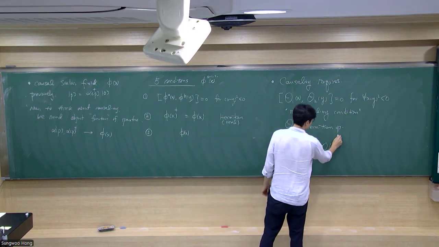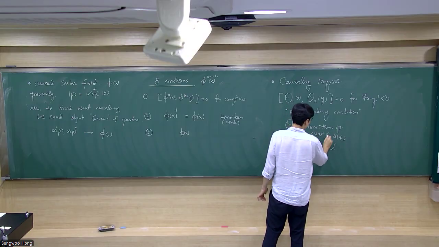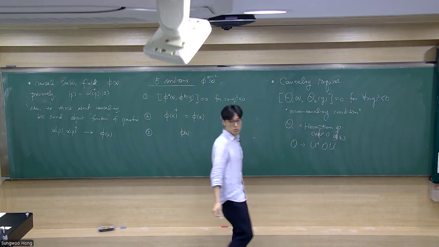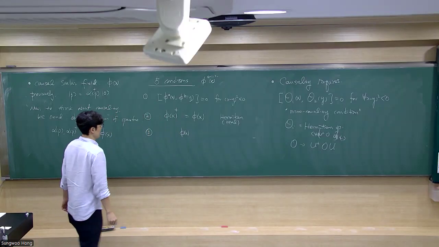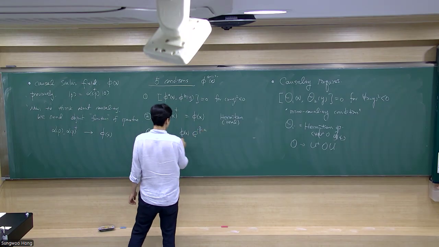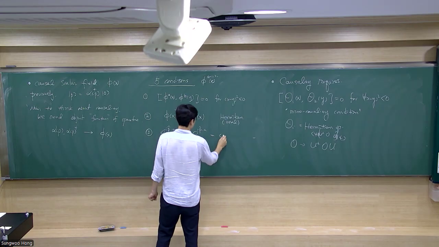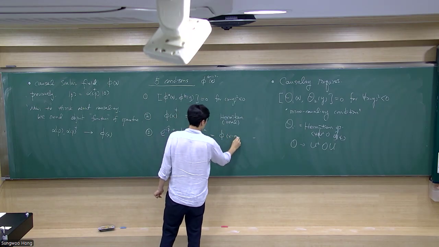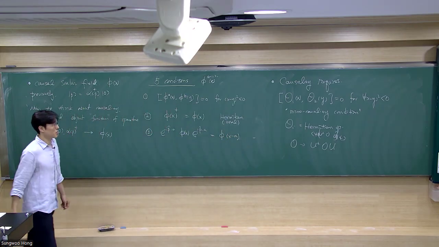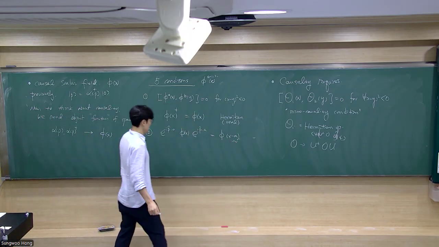Because you start out with a sandwich of transformed states, and then you reinterpret in terms of transformation of the operator. Okay? So therefore, if I had a translation by a, I will need to transform like this, because they're opposite by a minus sign. I will explain.